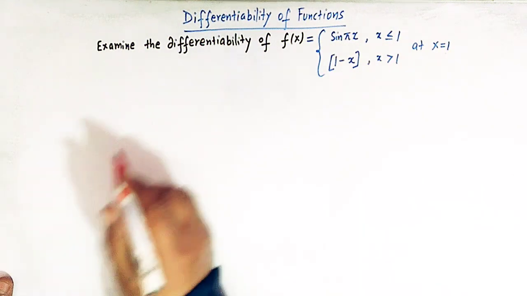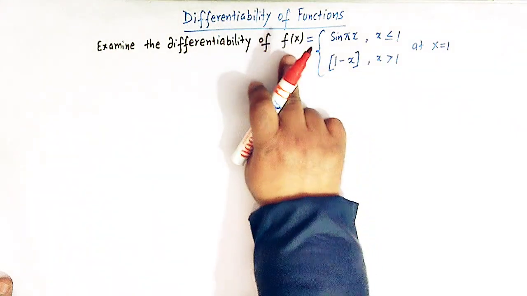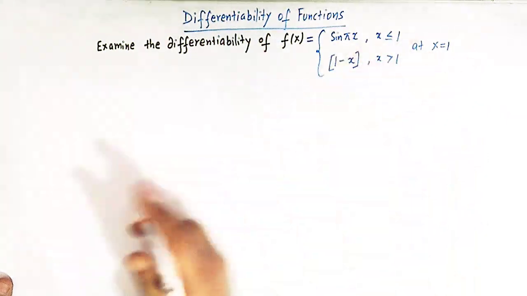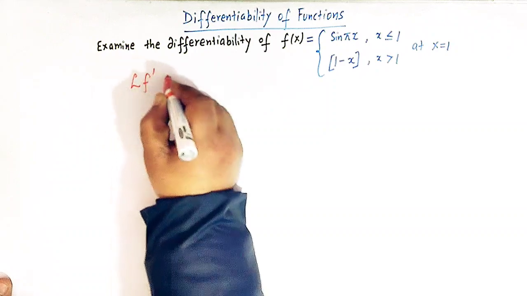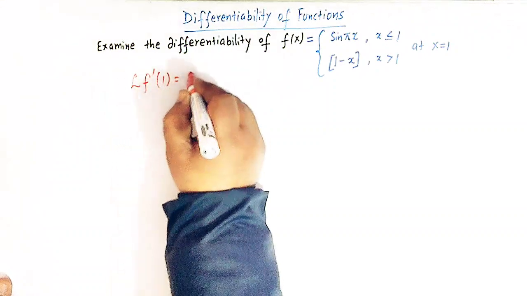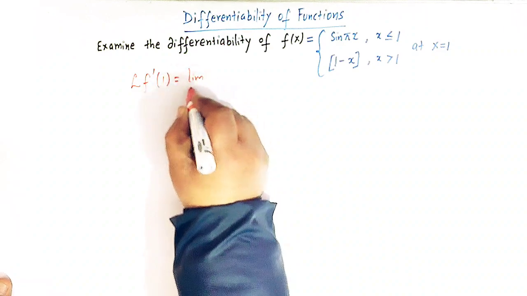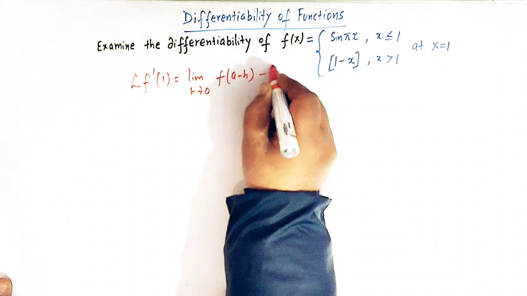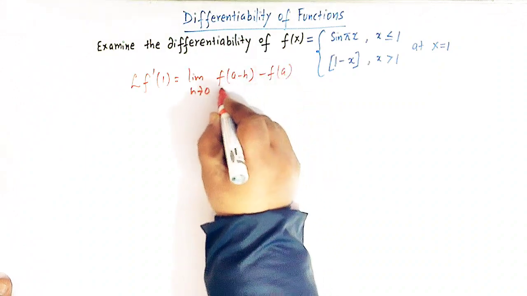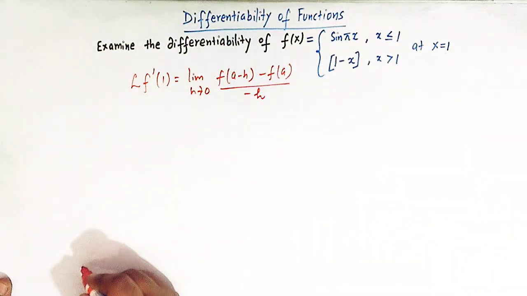So let us find out the left hand derivative of this function at x equal to 1. So the left hand derivative is defined as the limit h tends to 0 of f of a minus h minus f of a divided by minus h, right?